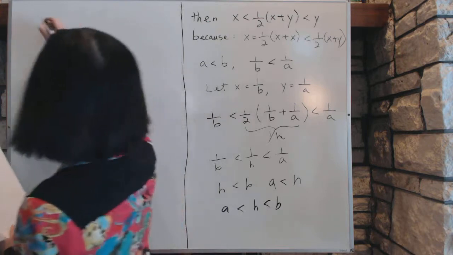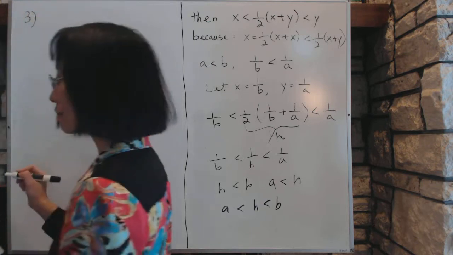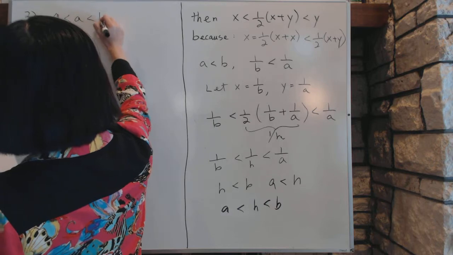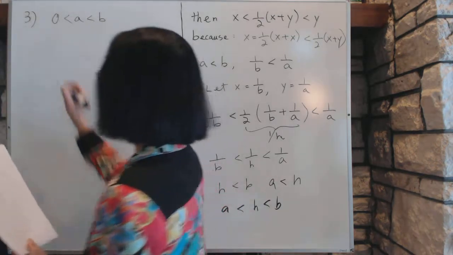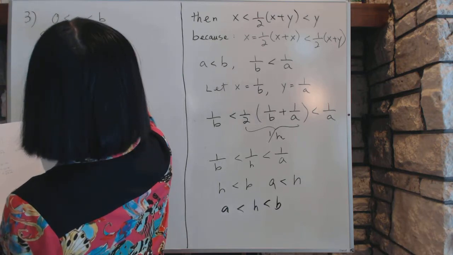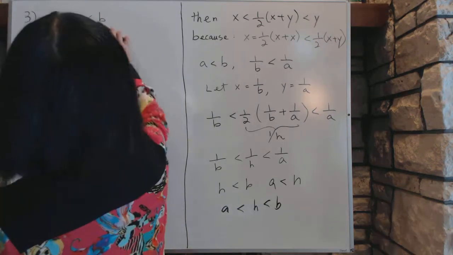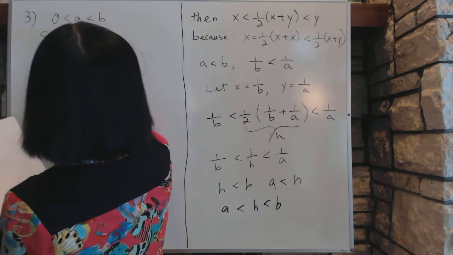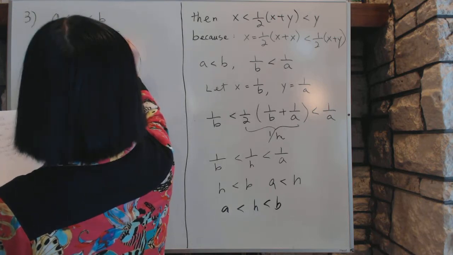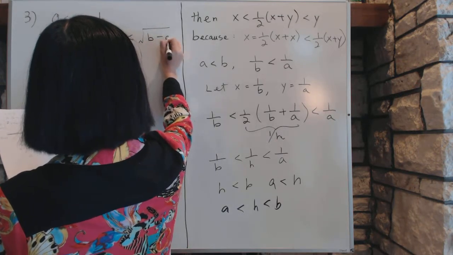Problem number 3 says that if, again, we have 0 less than a less than b, a and b are positive, you need to show that square root of b minus square root of a is going to be less than square root of b minus a. All right.